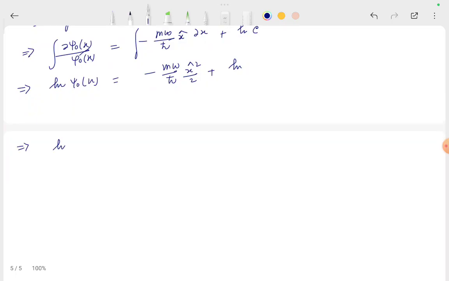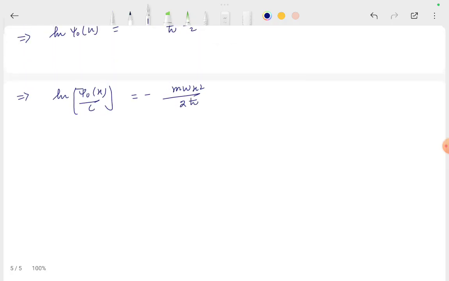So this is equals to ln psi 0 of x on c equals to minus m omega x square on 2h cut. Okay, so psi 0 of x equals to c e to the power minus m omega x square upon 2h cut.